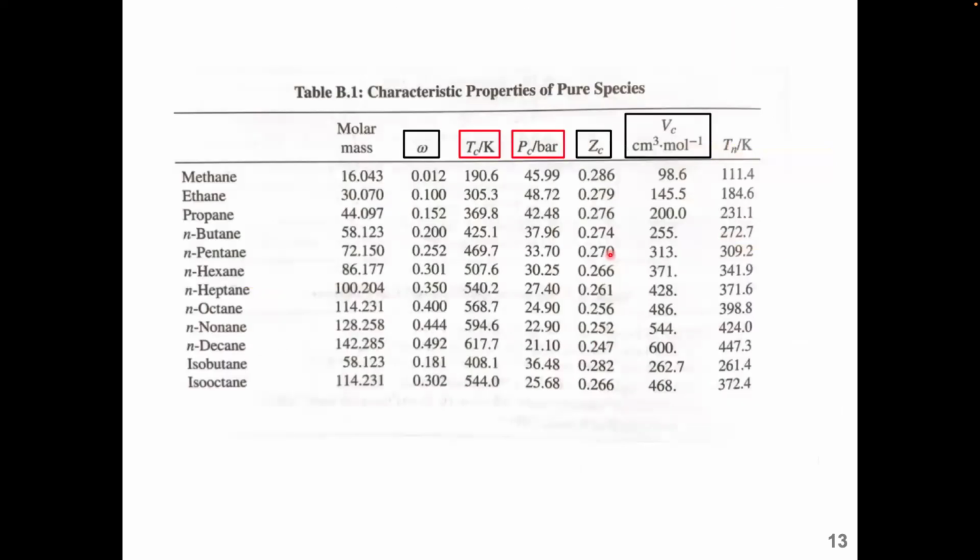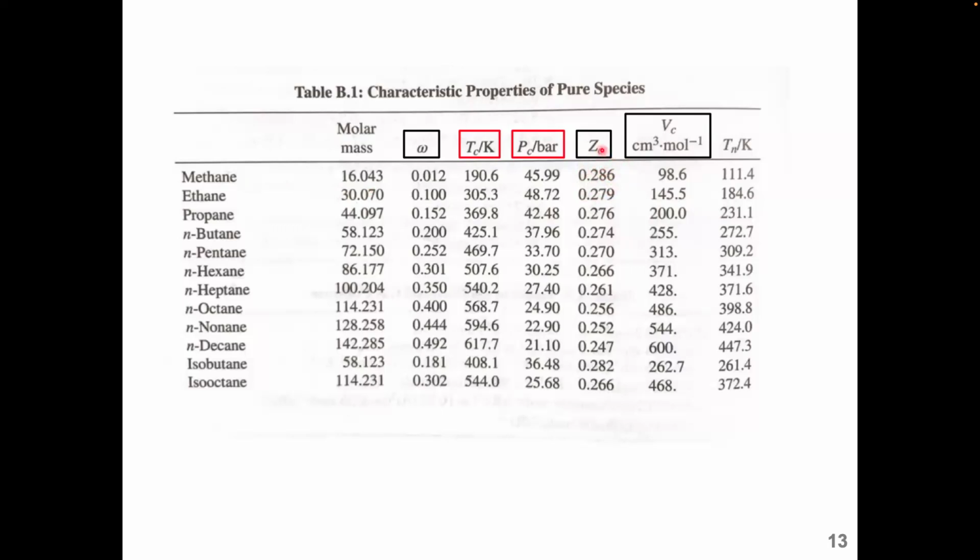Okay. All right. Speaking of the tables, like I promised, I will show you some tables. So here we can see methane. You can look it up: omega value, TC value, PC value, and also ZC value. ZC value we will come back to later when we are talking about liquid. But for now, you just remember we can also look up ZC value.